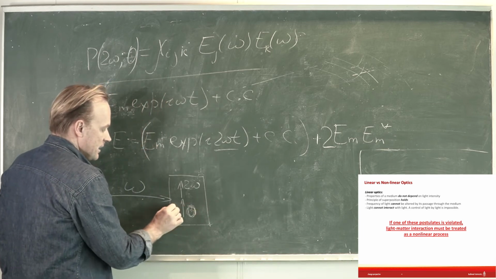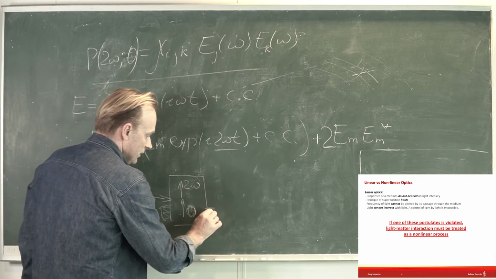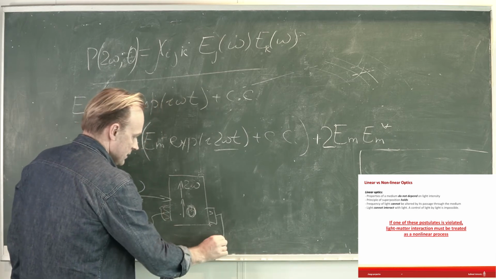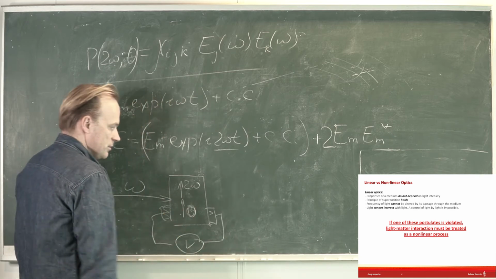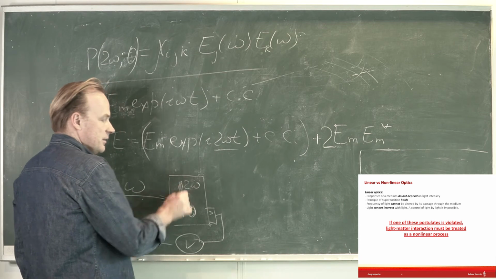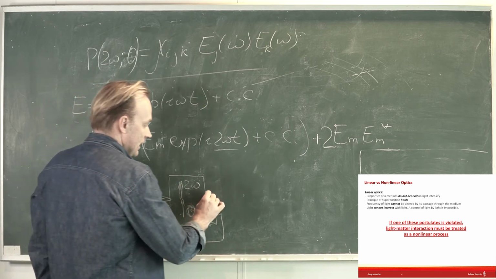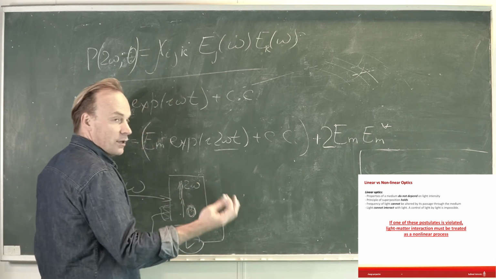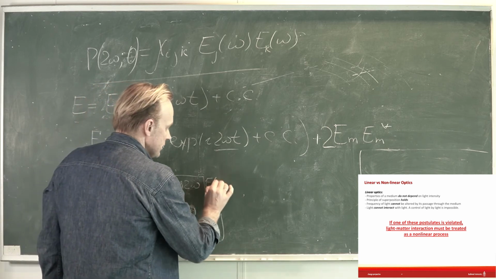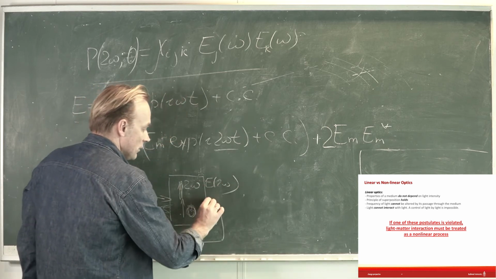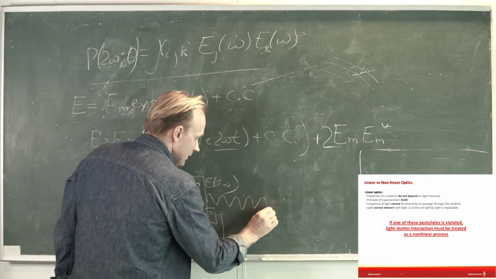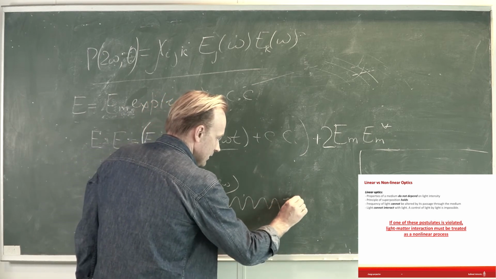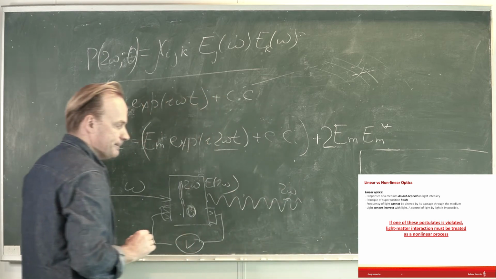And if there is polarization at the frequency 0, if you put here electric contacts, you will be able to measure voltage. And if you induce here polarization at the frequency 2 omega, it means you will, in accordance with the wave equation, induce electric field at the frequency 2 omega, and it means that the emitted light would be at the different frequency, 2 omega.